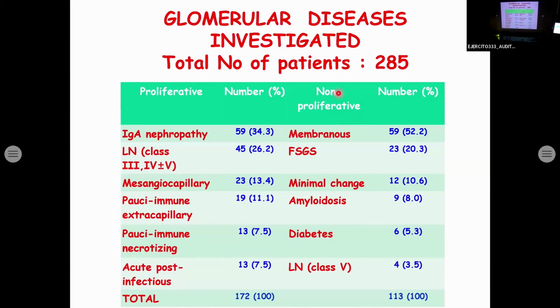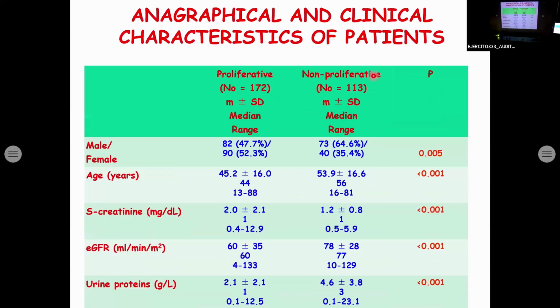As to non-proliferative glomerular diseases, the largest series was membranous, 59 patients again, and the lowest was lupus nephritis class 5. Altogether, 285 patients.